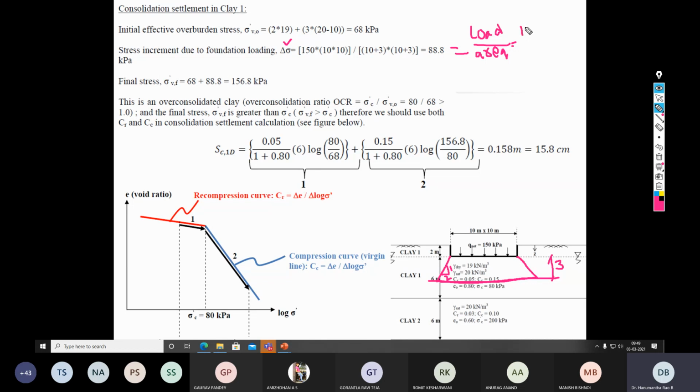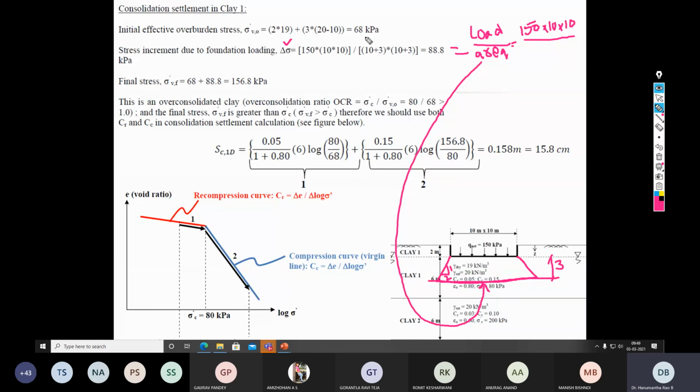So I can convert this stress into load simply by multiplying stress by the area, that is 150 multiplied by 10 multiplied by 10. That is the footing size. This is the load. Then the area corresponding to a depth of 3 meter.